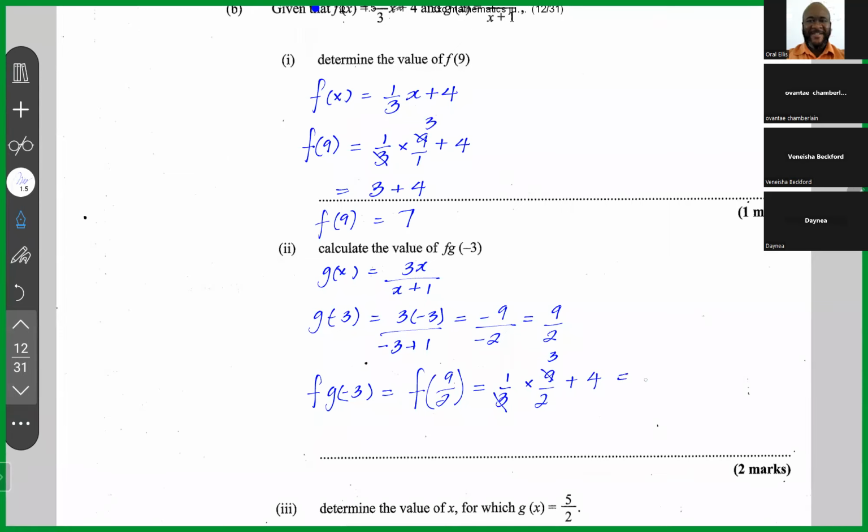So now I have 3 over 2 plus 4. Now 4 is the same as saying what? 8 over 2. If I want to, I could do that. Add the numerators. This is 11 over 2. Or I could say f of g of minus 3 is equal to 11 over 2, or 5.5.